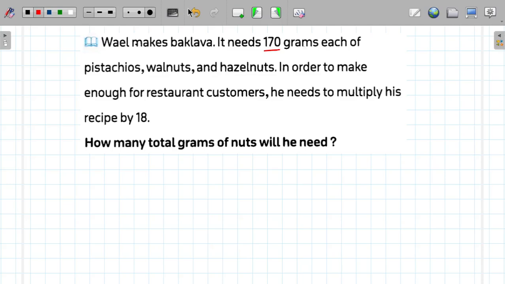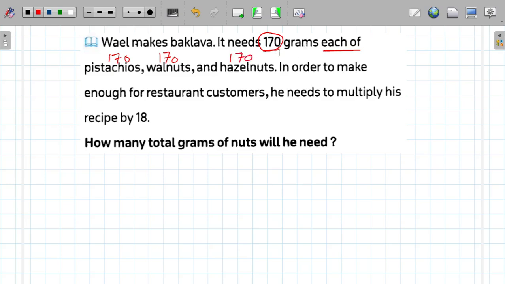Listen to me carefully. He said in the first line here, it needs 170 grams each of pistachios, walnuts, and hazelnuts. Okay, so he will need 170 grams of pistachios and 170 grams of walnuts and 170 grams of hazelnuts.